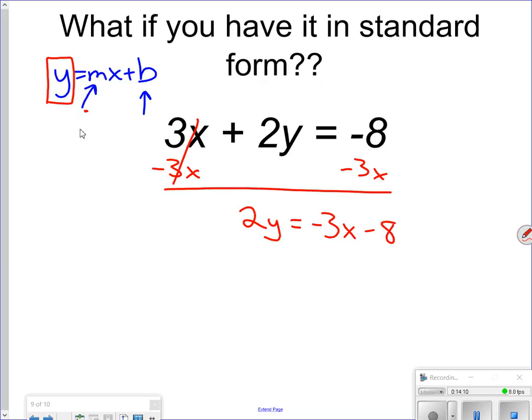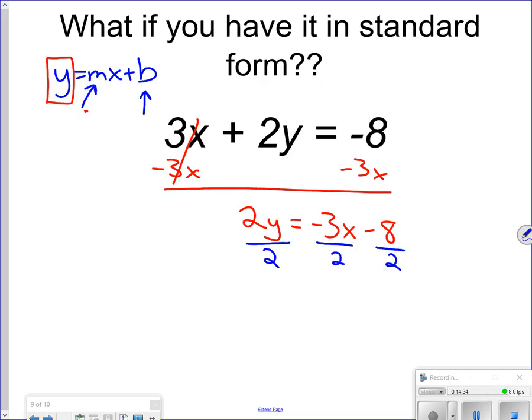All right, now I again want to get y by itself. So my next step here, I'm going to divide that by 2 to cancel out. But remember, with an equation, if you do something on one side, you got to do it on the other side. With dividing, I can either divide the whole thing by 2, or I can choose to divide this by 2 and divide this by 2.